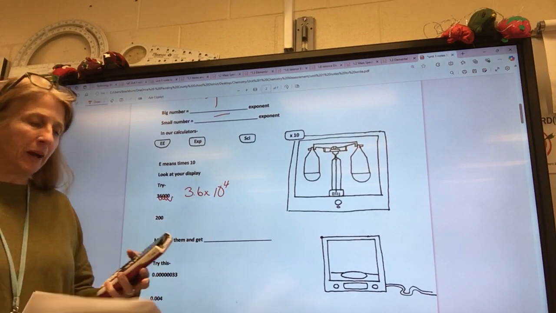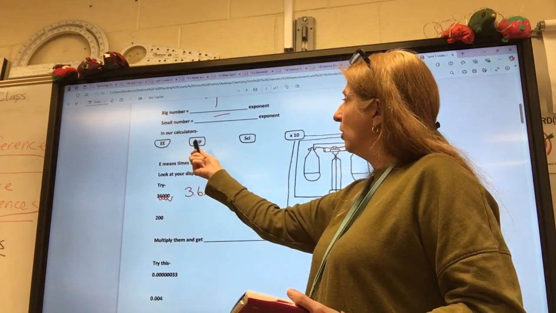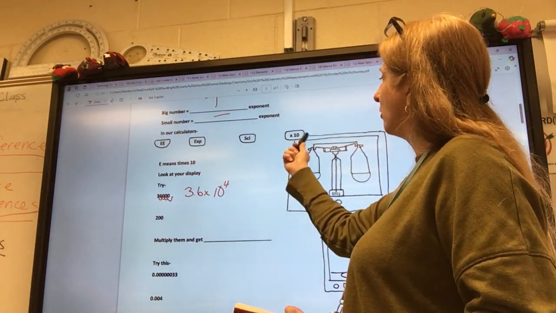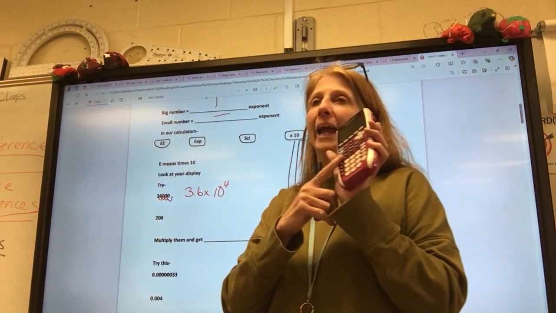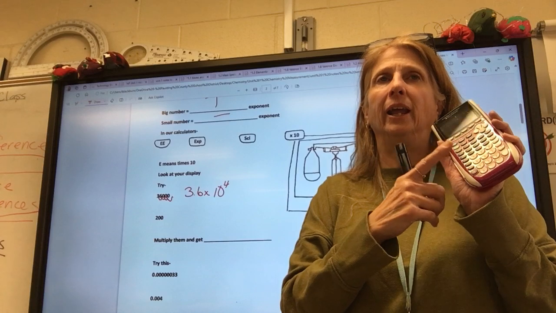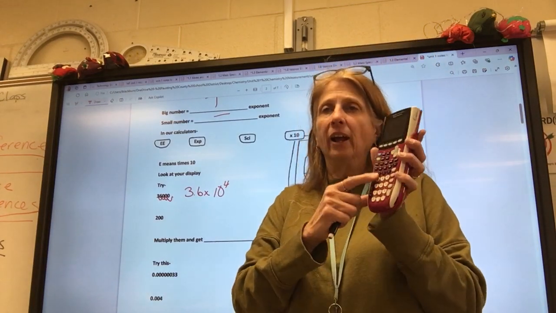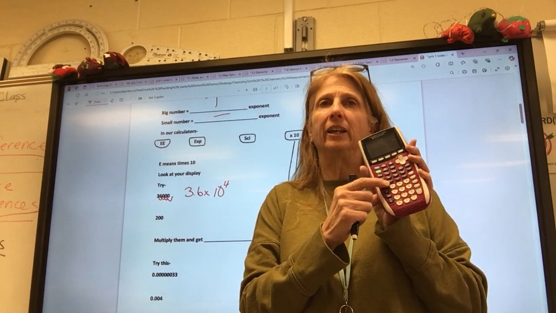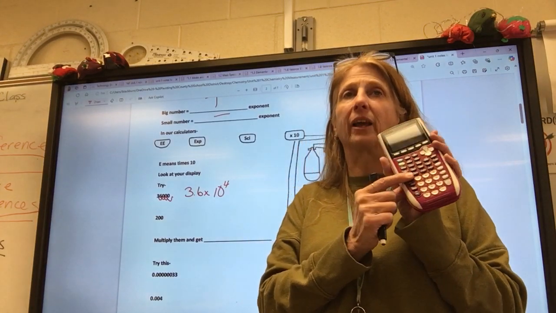Now, everybody look at your calculator. You're going to have a button that says EE or EXP or SCI or times 10. The EE might be painted above a button and not actually on the button. On this calculator, it's right here, painted above the comma.